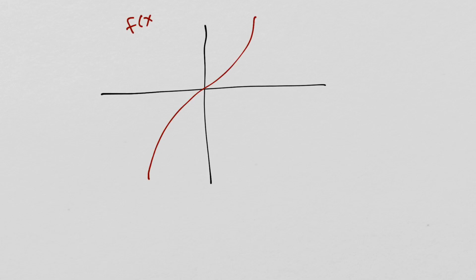So there's f of x equals x cubed. In order for an equation to be a function, it has to pass the vertical line test. So f of x needs to pass the vertical line test to be a function.